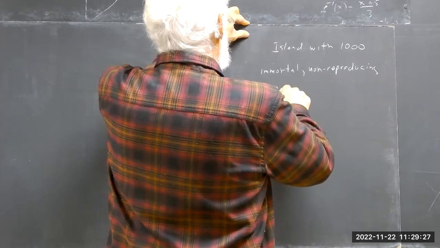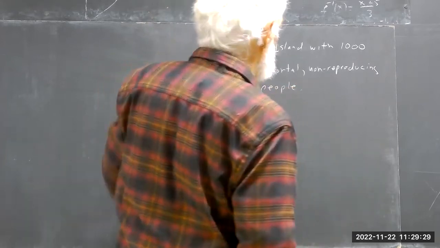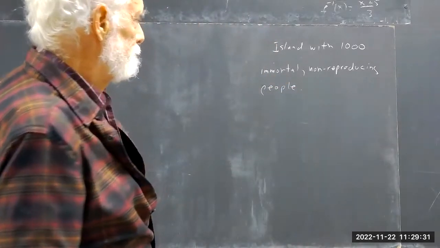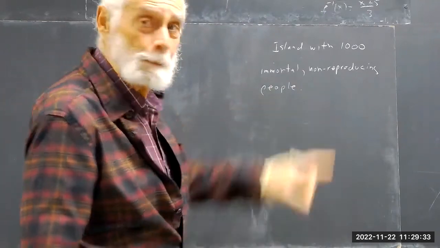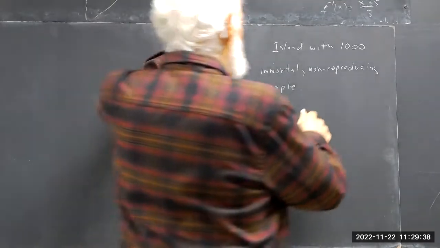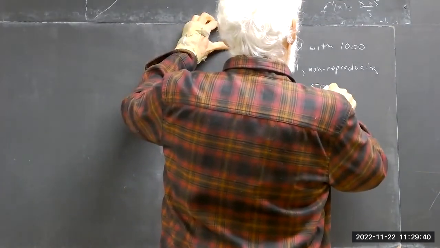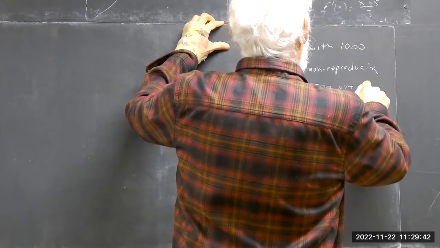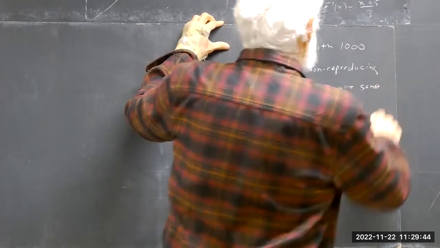They don't reproduce. Makes them mortal, kind of long teeth. But anyhow, 500 of those people are sane.